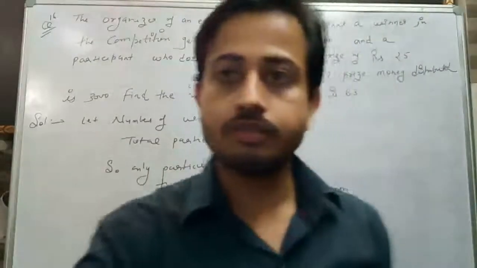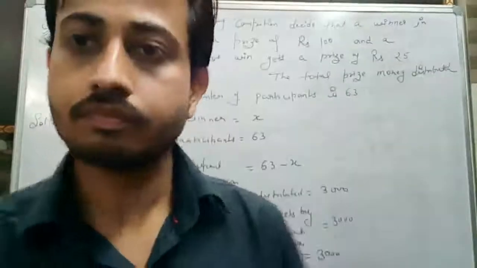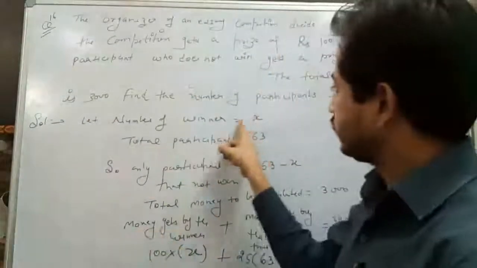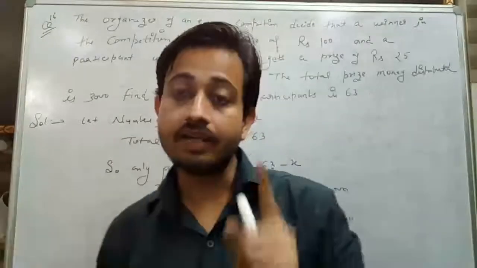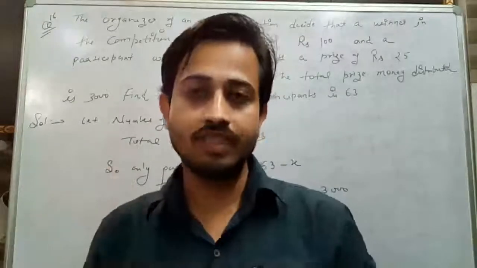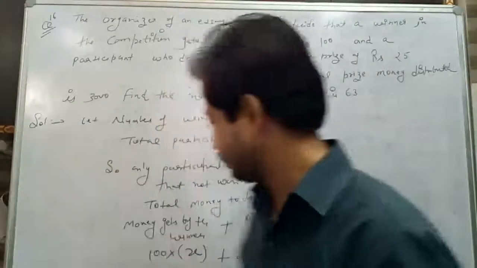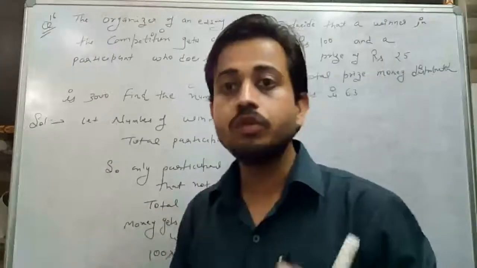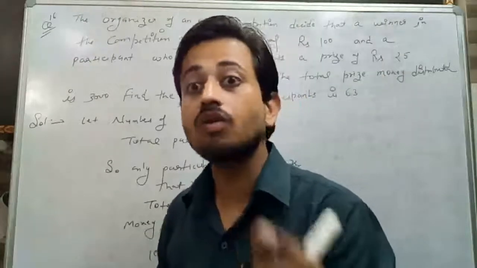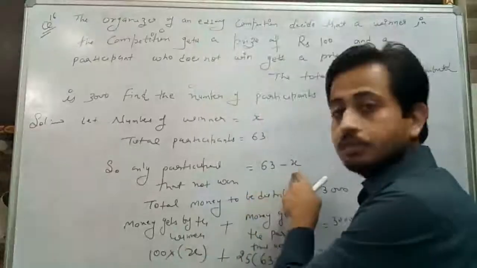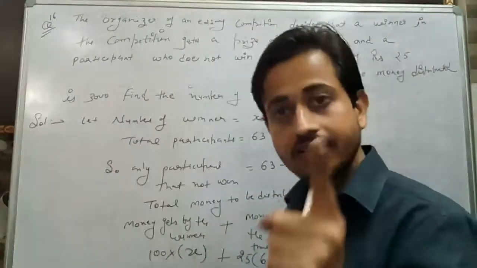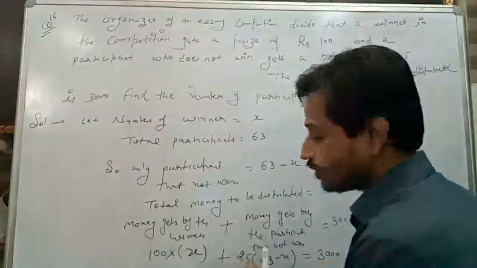Please make a note first. So the number of winners is x and one winner gets 100 rupees, then the total money is 100 into x, which is 100x. Then the money distributed to participants that did not win: their number is 63 minus x, and each gets 25 rupees. So we have to multiply 25 by (63 minus x).